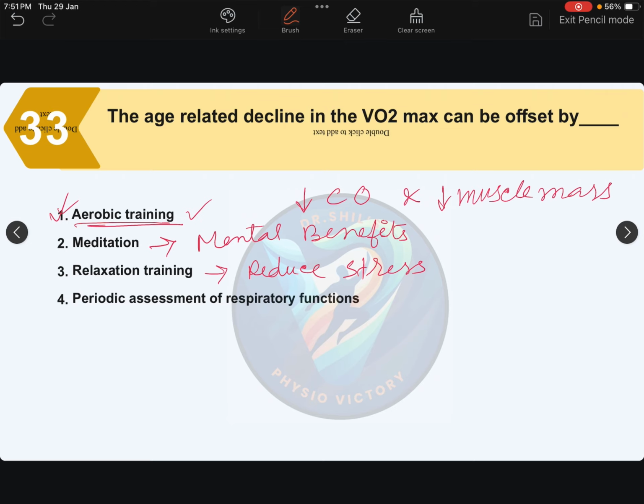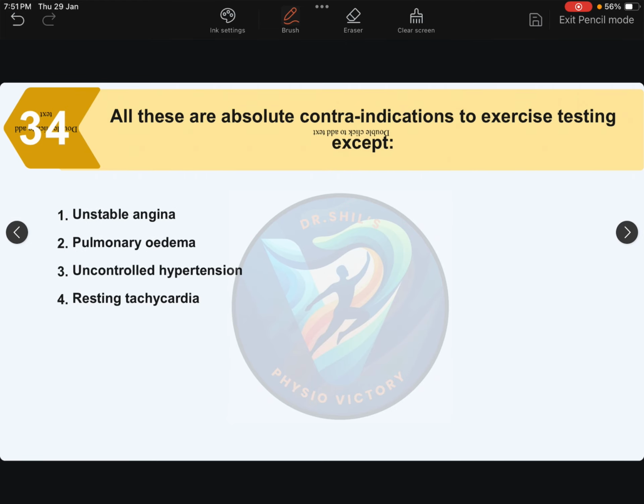Next, come to question number 34. All these are absolute contraindications to exercise training except option 1 unstable angina, option 2 pulmonary edema, option 3 uncontrolled hypertension, option 4 resting tachycardia.